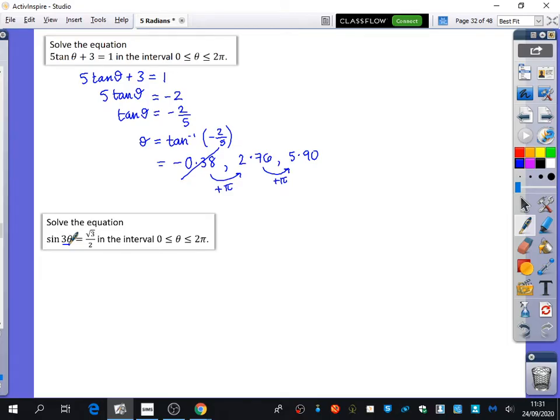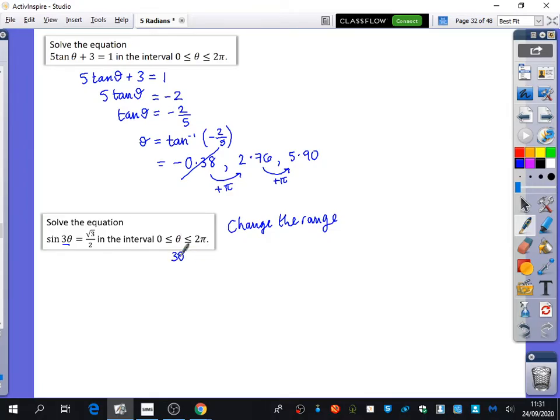So if I talk about the argument here, the argument is not theta. That's a bit different. The argument is 3 theta. And the way we do these questions is the range at the moment says that theta is between 0 and 2 pi. So my first step that I did previously is I change the range, so instead of it saying theta, I want it to say 3 theta.